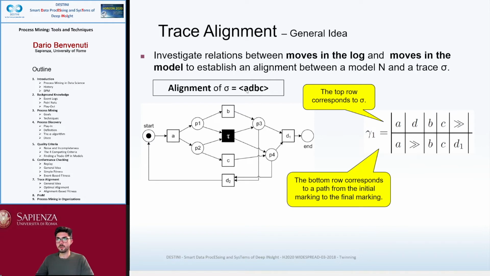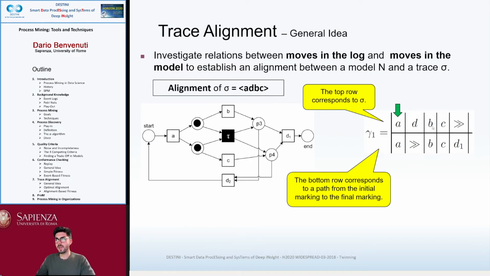The particular trace is A, B, AD, BC. And we can have this model here, this Petri net. To perform this trace alignment, we need to see if we can perform each step of the trace in the model. So we start with A. A produces these two tokens.